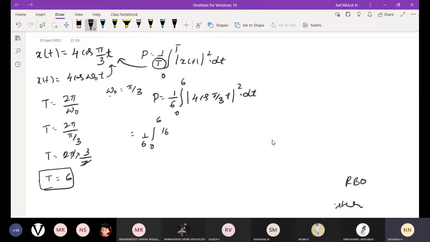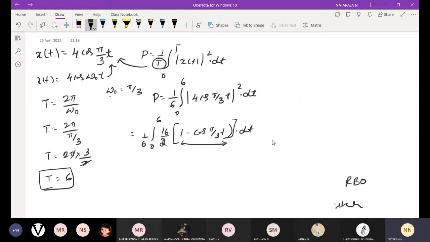Cos square theta will be 1 minus cos 2 theta by 2. So you will get 16 divided by 2 into 1 minus cos pi by 3 into t, into dt. We need to integrate this.